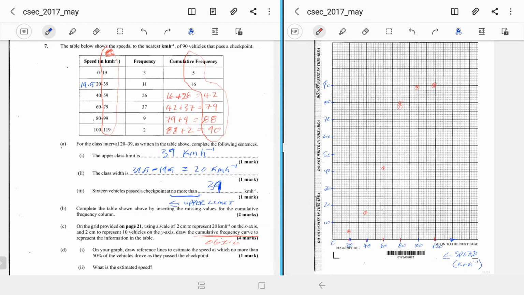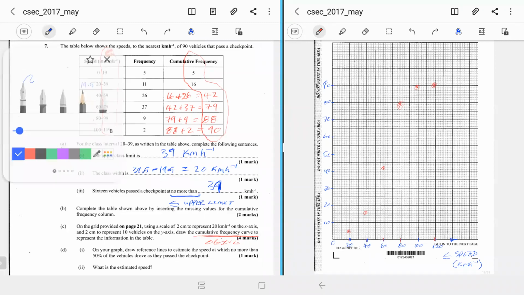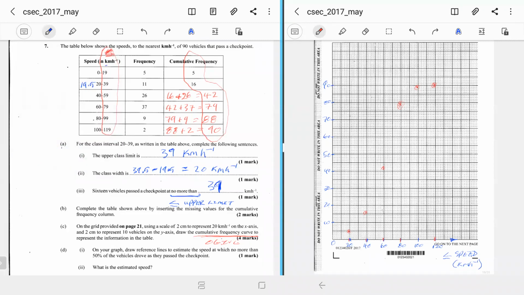Negative 1. The value before the 19 will be negative 1. I'm going to put in negative 1 as my next upper limit, and the frequency is 0. So I want to show that on the graph as well.